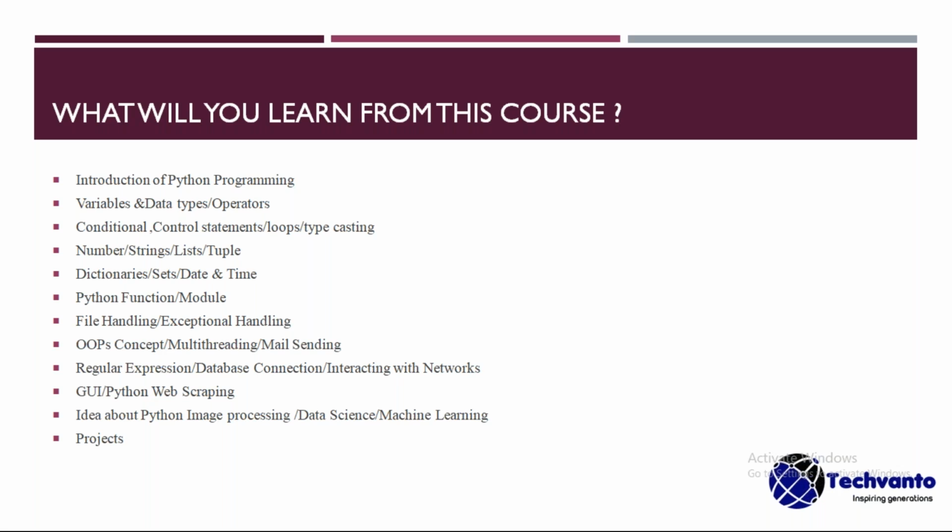And finally, you can learn how to get an idea about Python image processing. And then after that, you can learn Python for data science and Python for machine learning. So finally, we will assign some projects to you that you can work upon. Don't worry, we will guide you how to do those projects. These are the contents you can learn from this course.